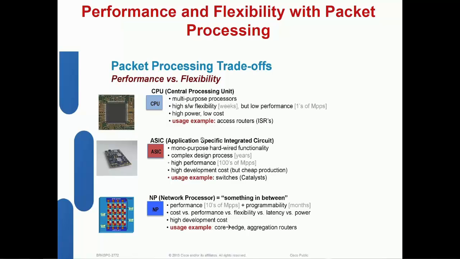Network processors are used in edge routers, aggregation routers and core routers, and application specific ICs are used in layer 2 switches, and network processors are used in layer 3 usually. But it's not a strict rule. If you are a hardware guy, you can sell it in that way.